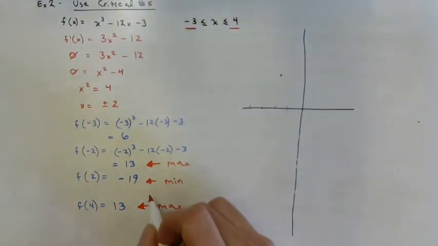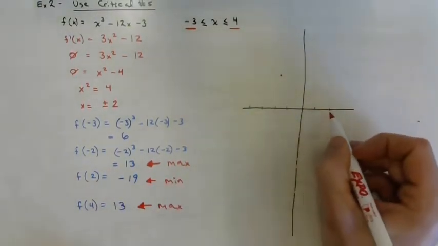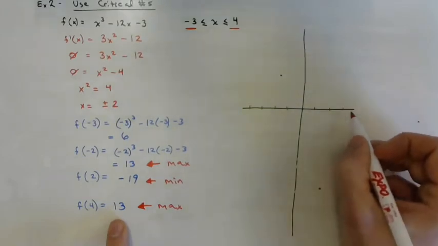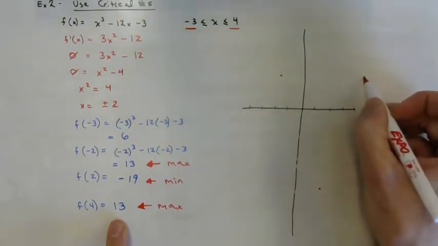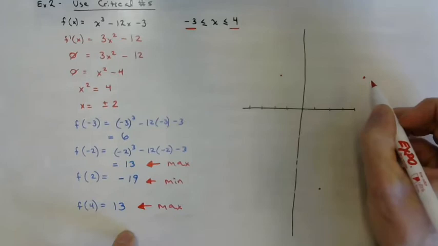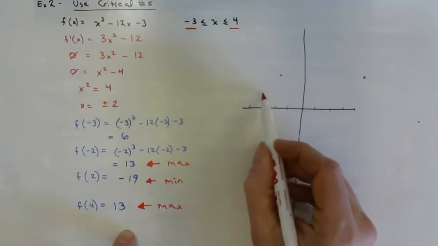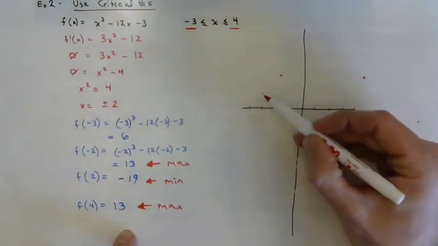We have a minimum at 2, negative 19, something down there. Then we have our max again at 4, 13. And at negative 3, we have a value of 6. So there-ish. So we're starting here.